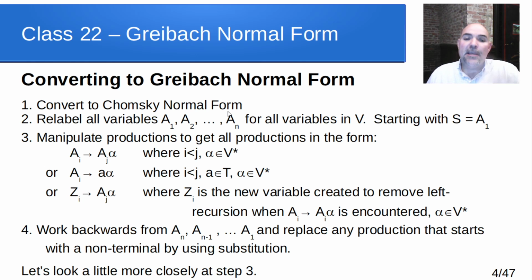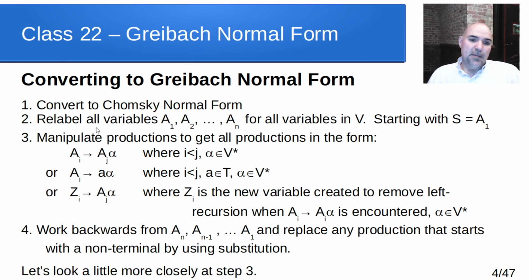And then any right-hand side that now has more than 2 variables in it, we now need to separate those out. So at the end of converting to Chomsky normal form, we'll have everything where it's a variable producing a terminal or a variable producing 2 variables.